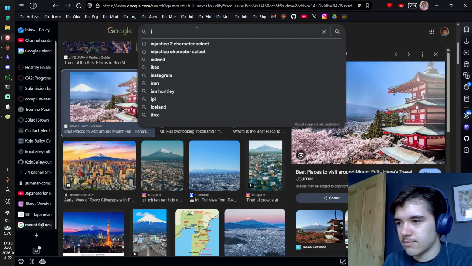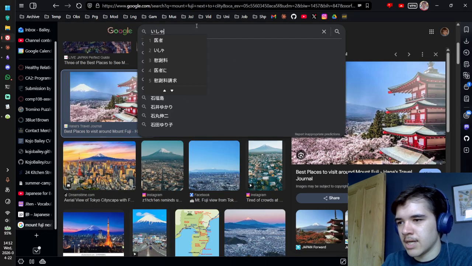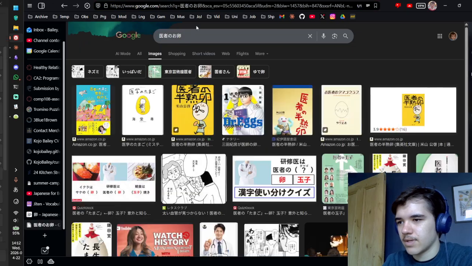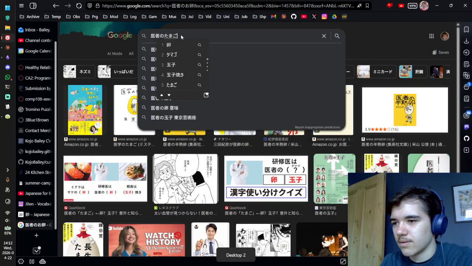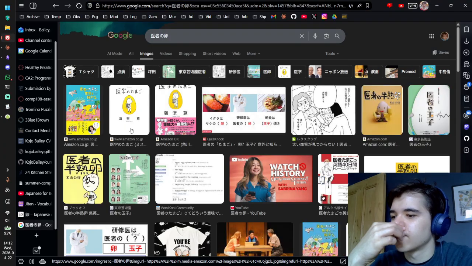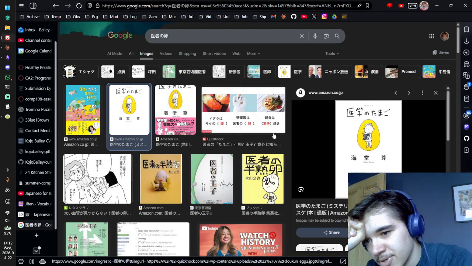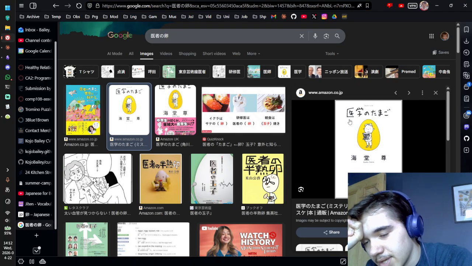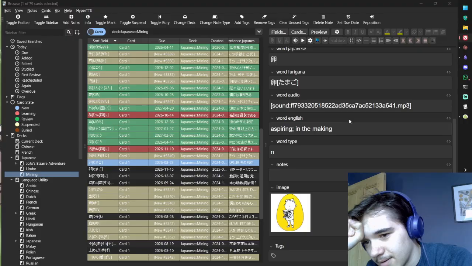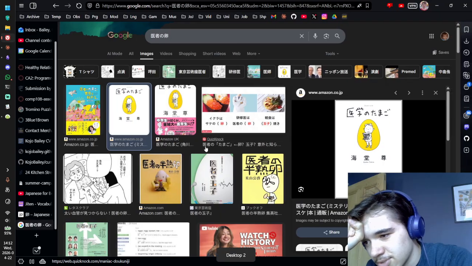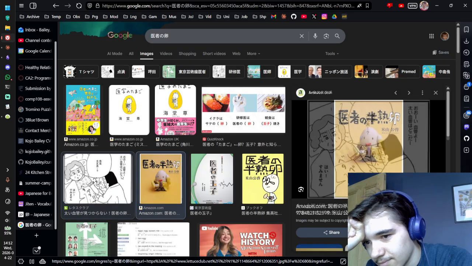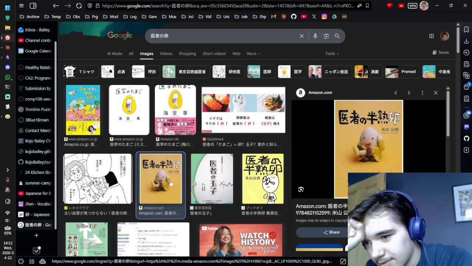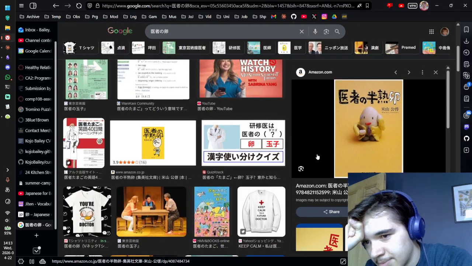So isha no tamago. Did I have an image for this one? Not really. Oh, that's the name of a book, is it? Isha no tamago. I mean, yeah, out of context, that one just looks a bit strange. This is probably a really good image.